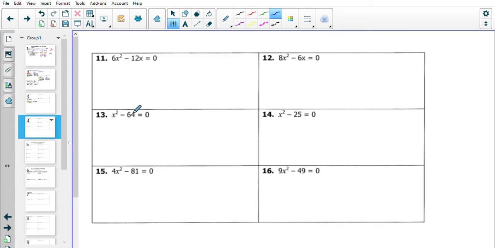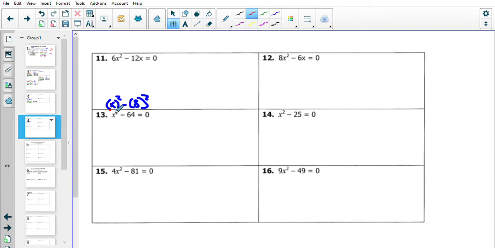So with the difference of squares, we ask, do I have 2 terms? Yes. Do I have a subtraction sign? Yes. Then I ask, what do I square to get x squared? I'm squaring x. And then what do I square to get 64? That's right, I'm squaring 8. So now we have our factor.